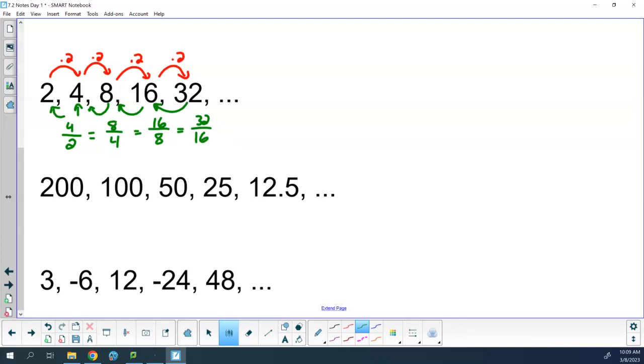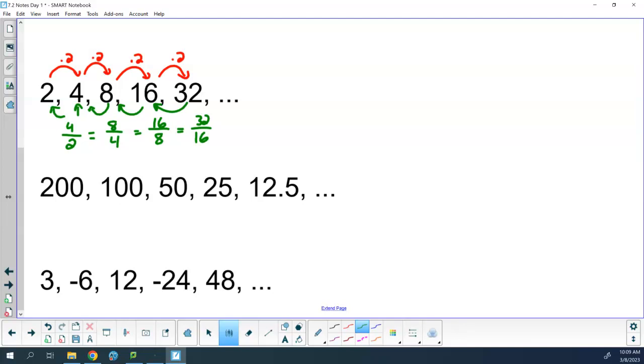If you have two consecutive terms, and you know it's geometric, then you know what the constant ratio is. In the second one, what's my R value? One half.